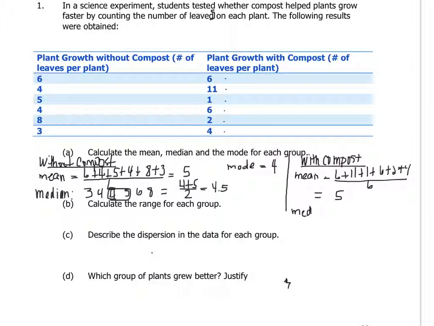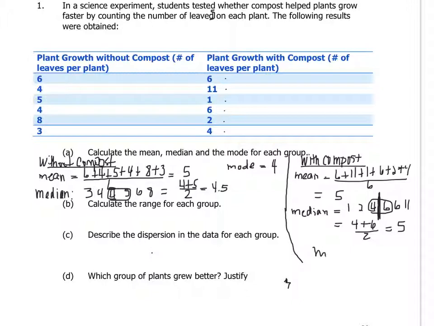And the median, we'd have to put those in order again, which would be 1, 2, 4, 6, 6 and 11. And there are 6 pieces of data, so the average would be the middle, because the middle would be right here, 3 and 3. So the average there, or mean of 4 and 6, 4 plus 6 divided by 2, which is also 5.